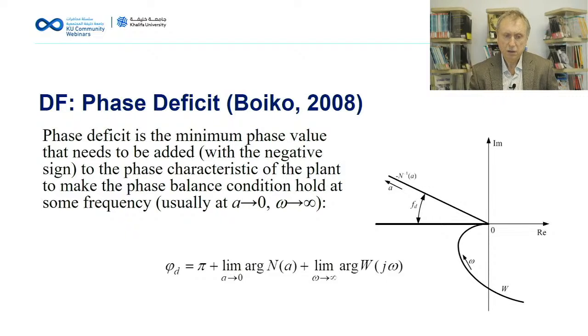So phase deficit, mathematically, is defined here as pi plus this limit of the describing function plus this limit of the frequency response.